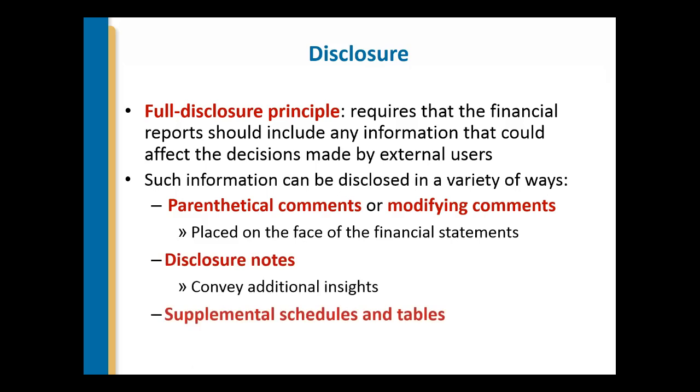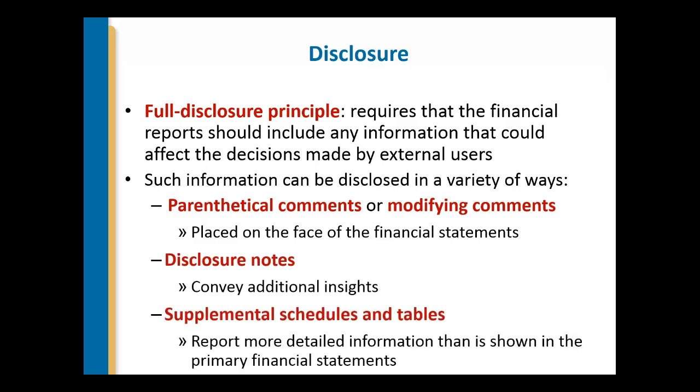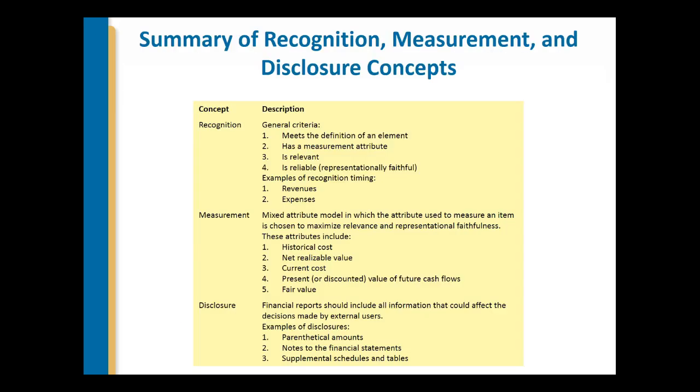There can be disclosure notes conveying additional insights about company operations or accounting principles, contractual agreements, and pending litigation. And then there are supplemental schedules and tables that report more detailed information than is shown in the primary financial statements. This shows you the summary of the recognition, measurement, and disclosure concepts.